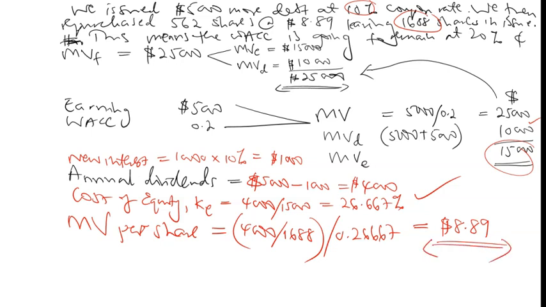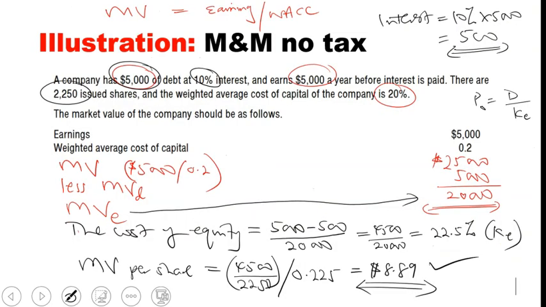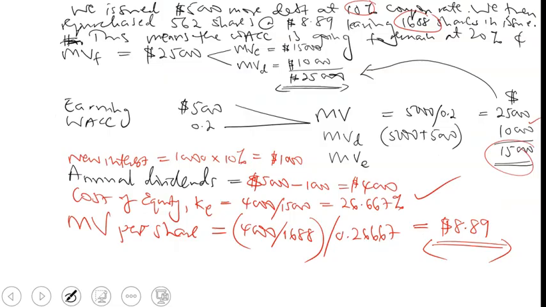This is your P0, market value per share. And you can see that this is the same market value per share, which means the changes in the cost of equity is not going to have any impact. Is that clear, ladies and gentlemen?